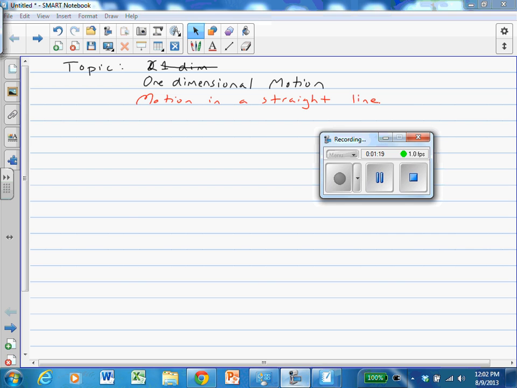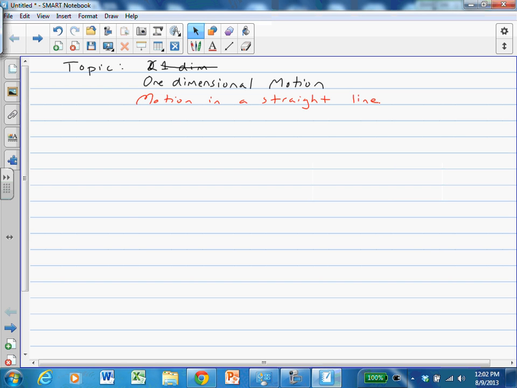So that's what we'll be focusing on for this unit. We have to model the motion of objects, their position, their change in position, their displacement, their initial speed, their final speed, and acceleration, how fast that speed changed, in a system of rates.